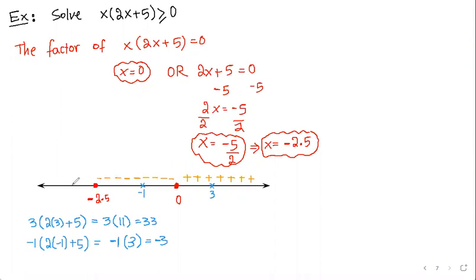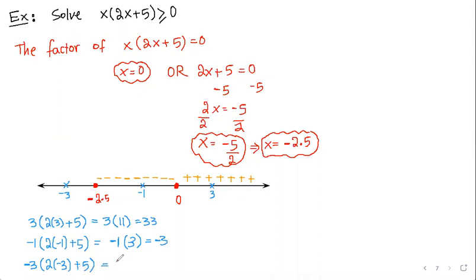Now pick any number smaller than minus 2.5. Negative 3. So let's take negative 3. Plug inside the equation. Negative 3 times (2 times negative 3 plus 5).